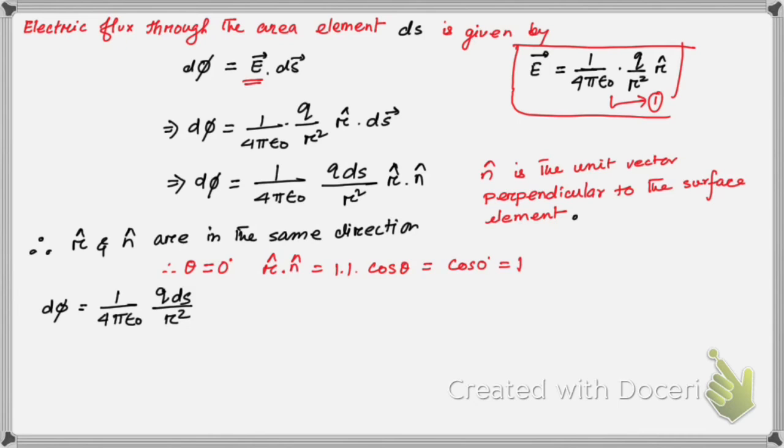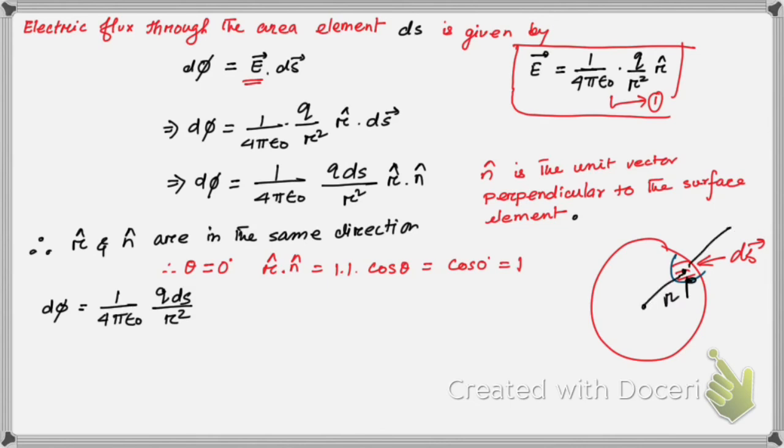So here you see, this was the Gaussian surface. Suppose, let me show you again. This was the Gaussian surface, right? And this was the area element that we have taken, ds. If you see the diagram that I have shown in the previous slide, here we had the point P, and this is the radius r, right?